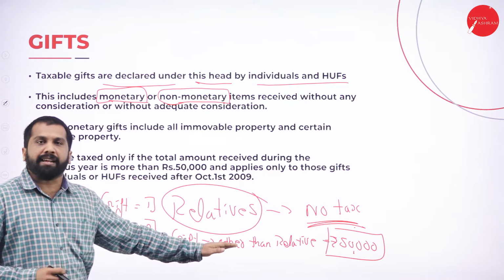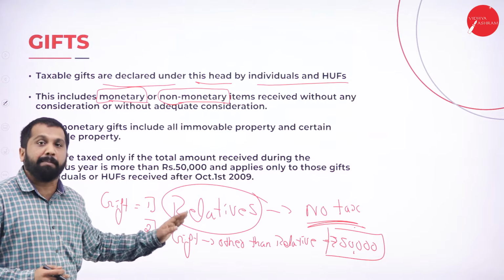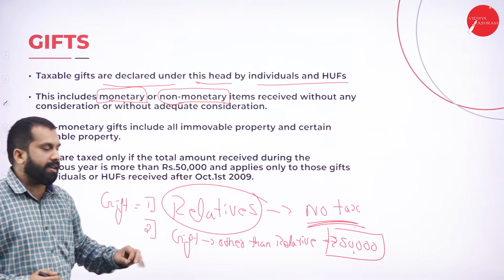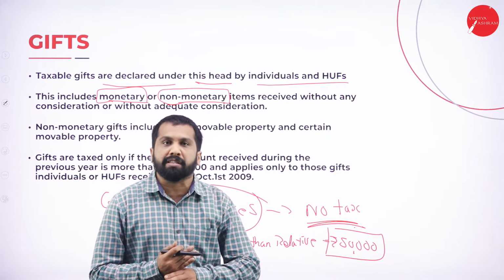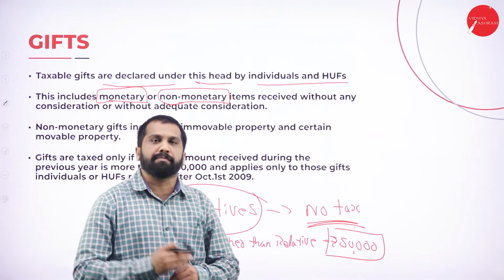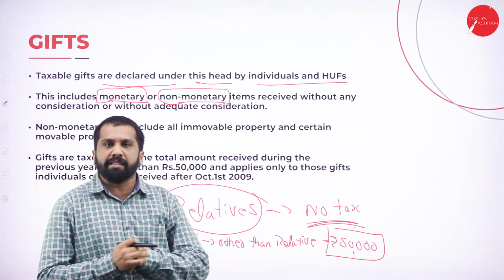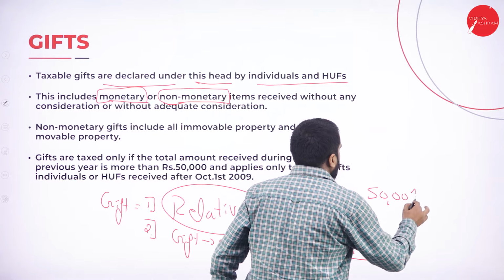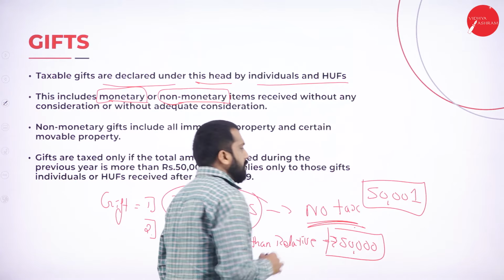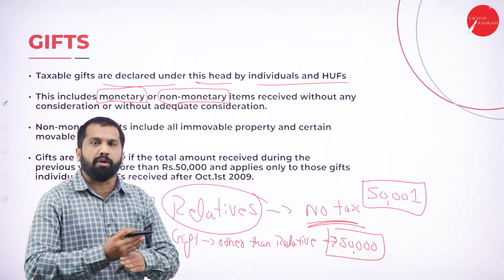But if you collect from people other than relatives, it is completely taxable. Any gift received other than from a relative up to 50,000, we can call it exempted. In case somebody gave you 50,000 and 1 rupee, normally no one will give you a round figure.